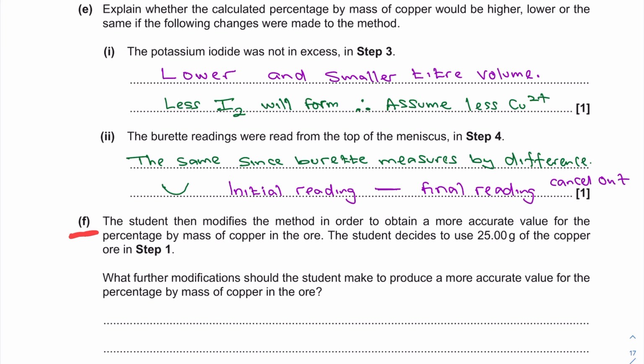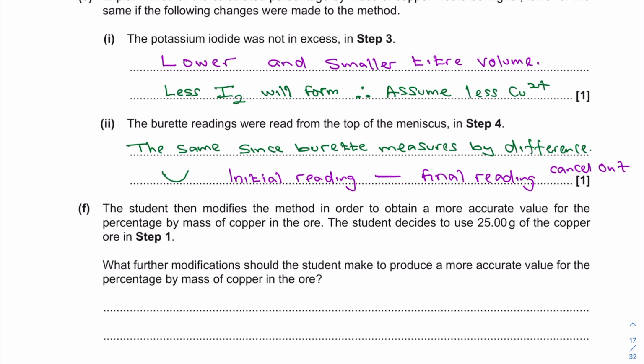F. The student then modifies the method in order to obtain a more accurate value for the percentage by mass of copper in the ore. The student decided to use 25 grams of the copper ore in step 1. What further modification should the student make to produce a more accurate value for the percentage by mass of copper in the ore?